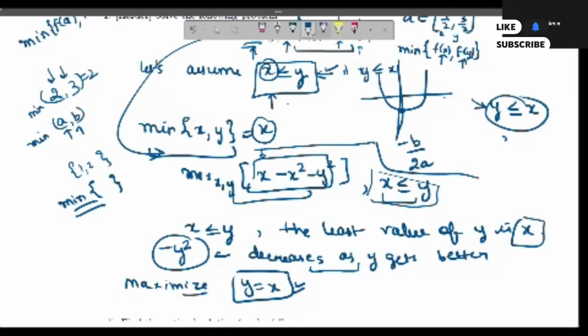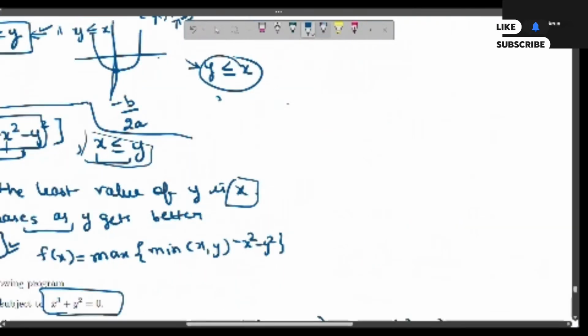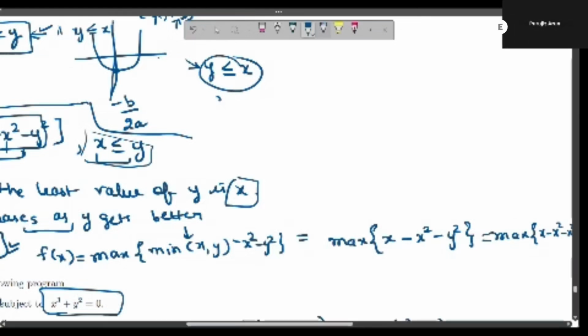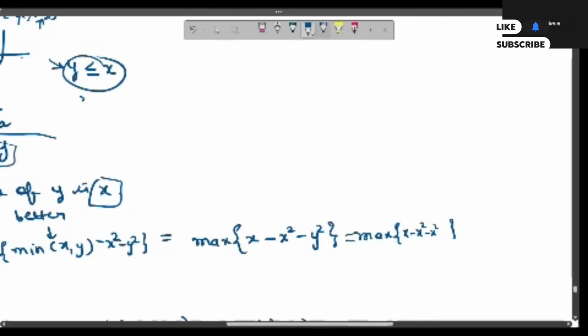So now my function has become the maximum of x minus x square minus y square, and x is now equal to y. So x minus x square minus x square, which is x minus 2x square.